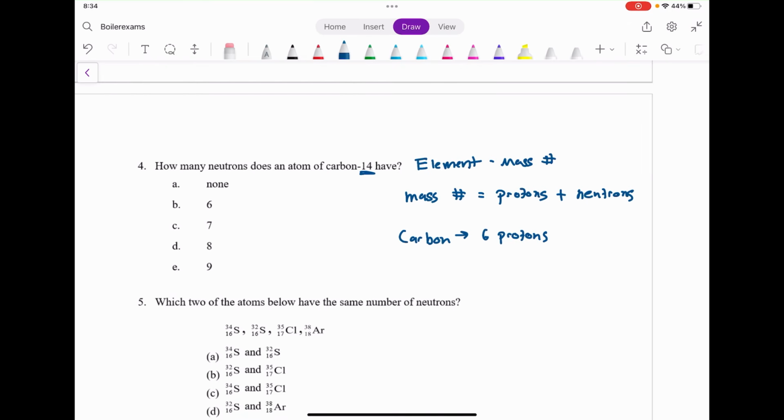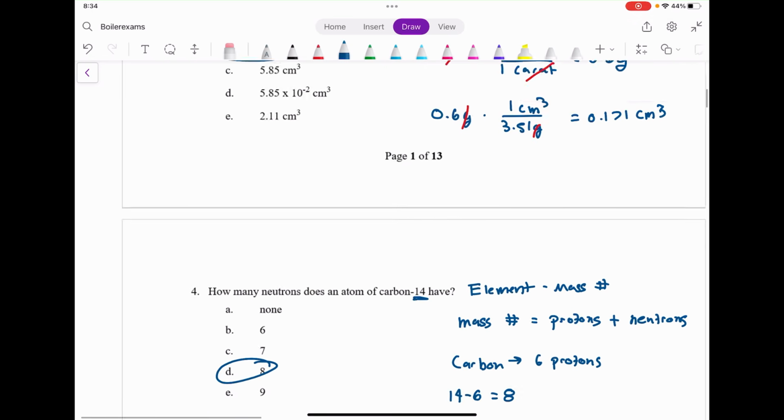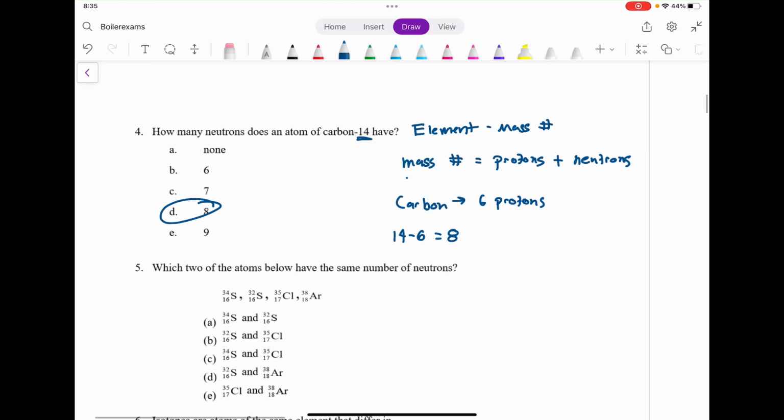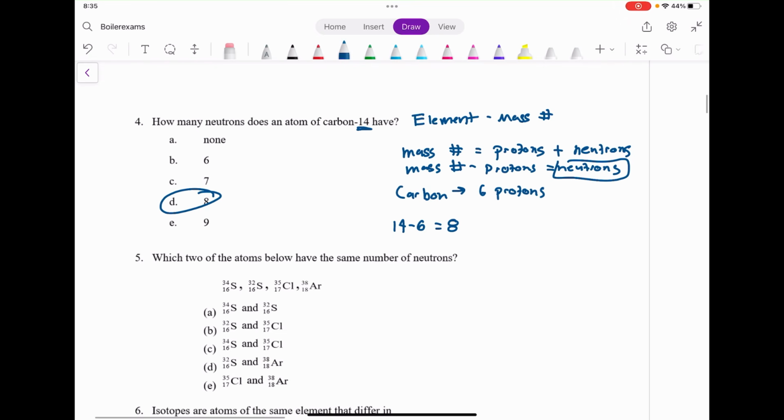So, if carbon 14 has 6 protons, that means I know it has 14 minus 6 neutrons. So it has 8. You can just take the mass number minus how many protons you have to get the neutrons. So, in case it didn't make sense, I did mass number minus protons equals neutrons. So 14 minus 6, we get 8.